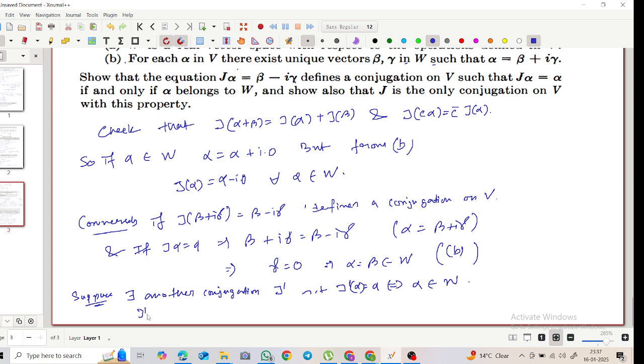You have J prime alpha equals J prime of beta plus I gamma equals, by the conjugation property, J prime beta minus I J prime gamma, which is J alpha. Okay, so this is the unique such map.